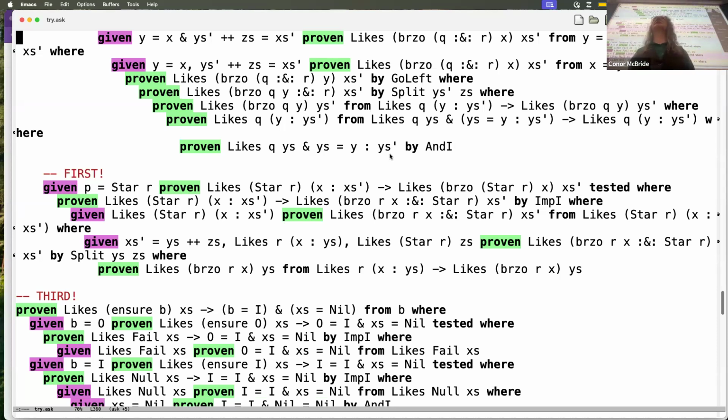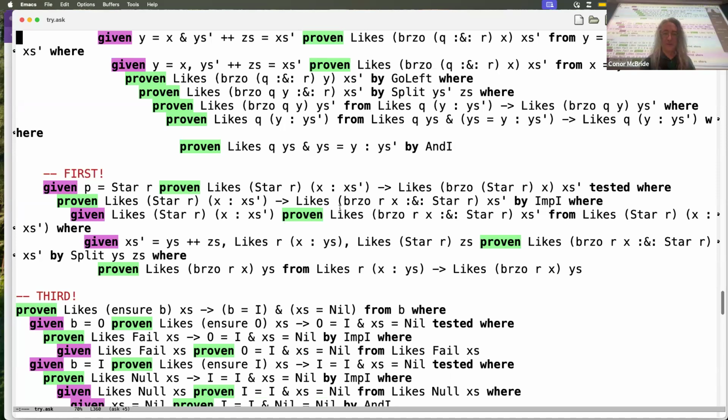We know that if star likes something non-empty, then it must have unrolled at least once, which means that the first of the sequence, now we know it's a non-empty sequence of R's, must have liked the input, and correspondingly, the rest of the first R is accounted for by the Brzozowski derivative of R, and then we've got all the rest of the R's.